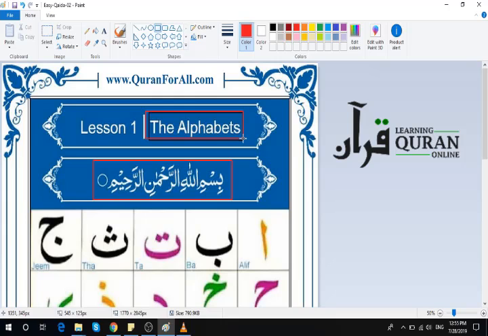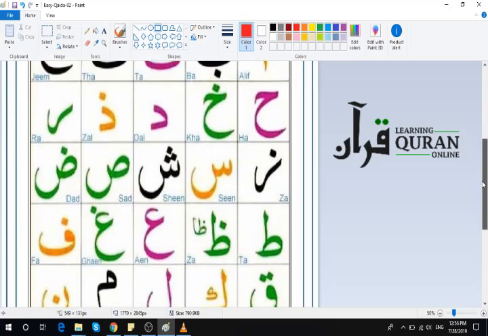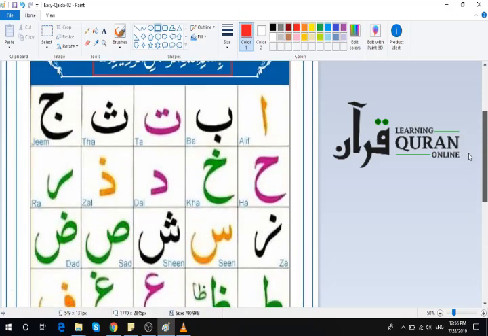Okay, so this is our lesson number 1, and we are now starting lesson number 1, which is called the alphabets. As you know, in the English language we have letters like A, B, C. So same as that, we have letters in the Arabic language also. Here at the bottom of this lesson we have all the letters of the Arabic language.